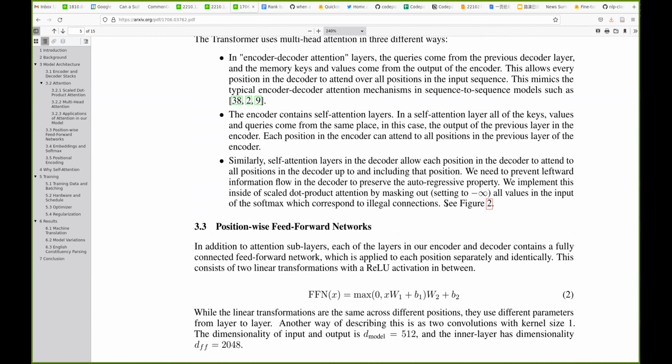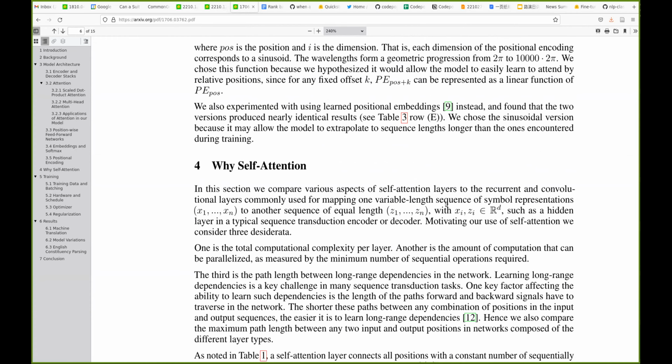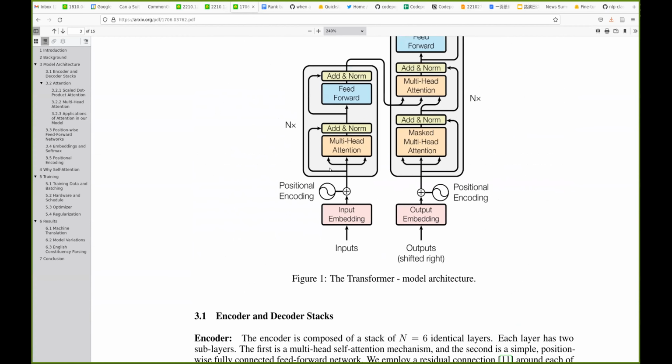According to the figure, the positional encoding is added onto the input embedding, okay, in a pairwise fashion. We will see a picture later. Okay, so it's added onto this.